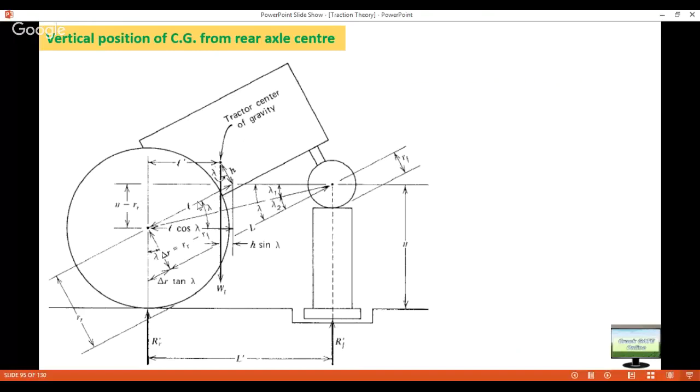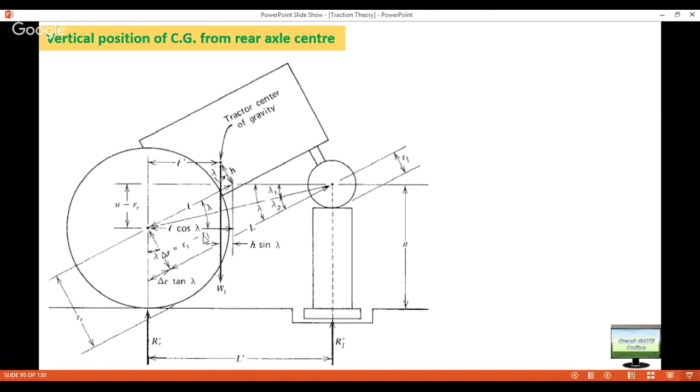So the line joining the actual center of gravity with respect to the horizontal, this angle is lambda. If this is l and it is making angle lambda, then this component will be l cos lambda. I think you are all aware of this. So this horizontal distance is small l cos lambda.